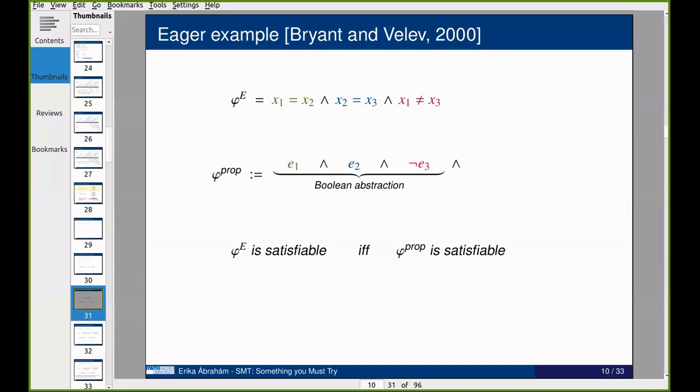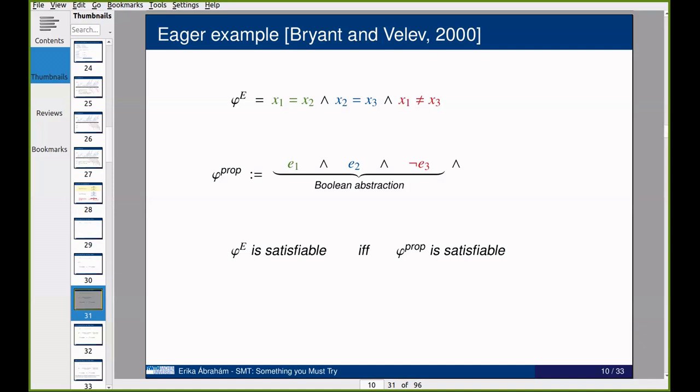So I have E1 and E2 and not E3 to encode the Boolean structure. You see that this formula is not yet equivalent, it is an over-approximation, so it has more solutions. If it would be unsatisfiable, it would imply the original formula is unsatisfiable too, but it would not yet mean that if I find a solution for the latter, then there is also a solution for the former.